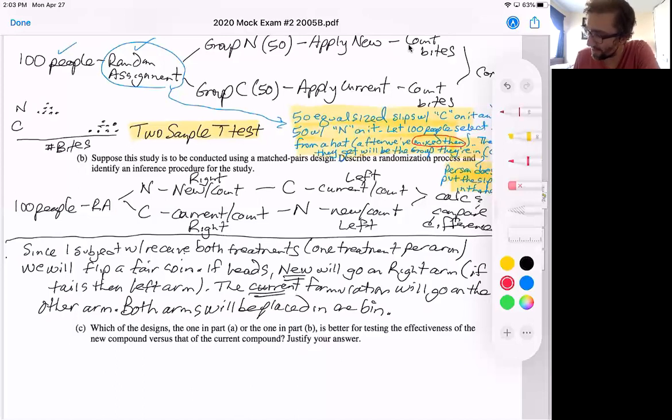So mainly we have this flipping of a coin, and it's important. You don't want to put the new formulation on everyone's right arm. The majority of people, 90% of Americans, I think, are right-handed. So maybe the right arm, since we use it a lot more, maybe it's more muscular. So we don't want to put the new formulation on the right arm. And we don't want to put the old formulation or current formulation on the left arm.